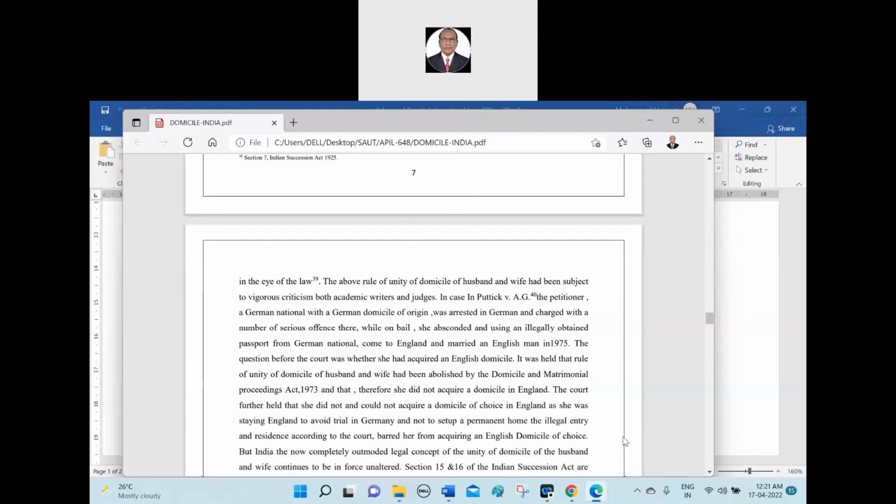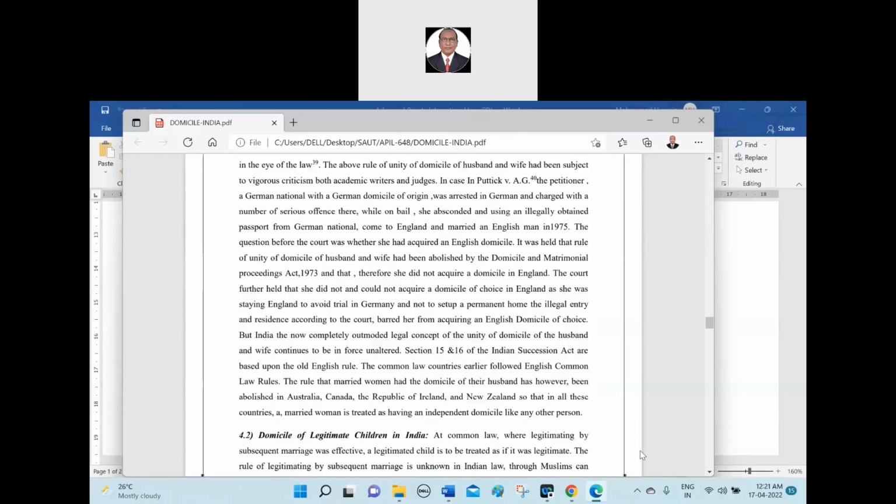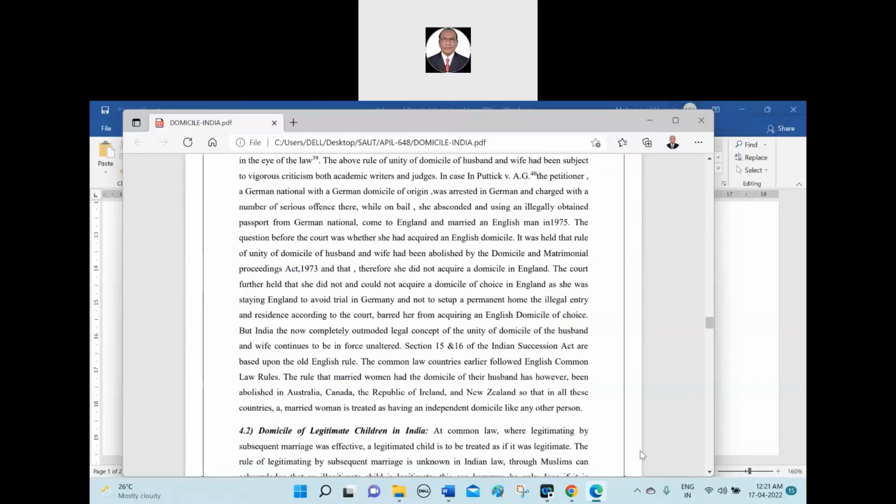But in India, they have not completely outmoded the legal concept of the unity of domicile. This is a different aspect, but the general principles are the same. The common law countries earlier followed the English common law rules.